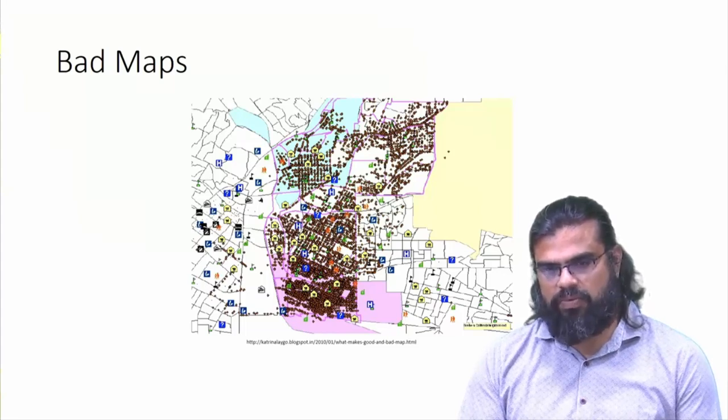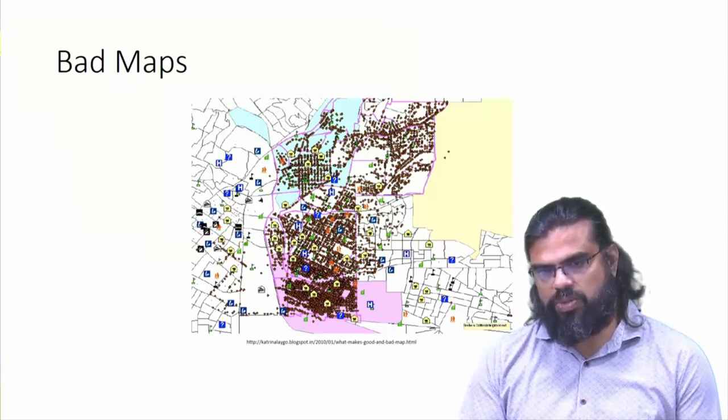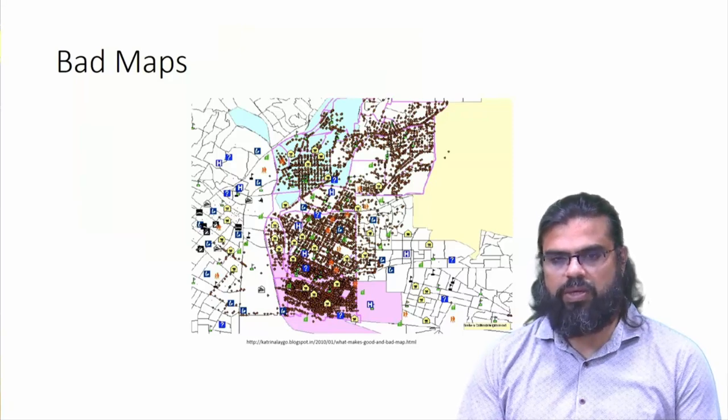So in this case, we have to look for a better way of representing such points, in a way that can preserve the information the map maker or cartographer wants to convey, but at the same time the amount of information used to represent this map should also be lesser.